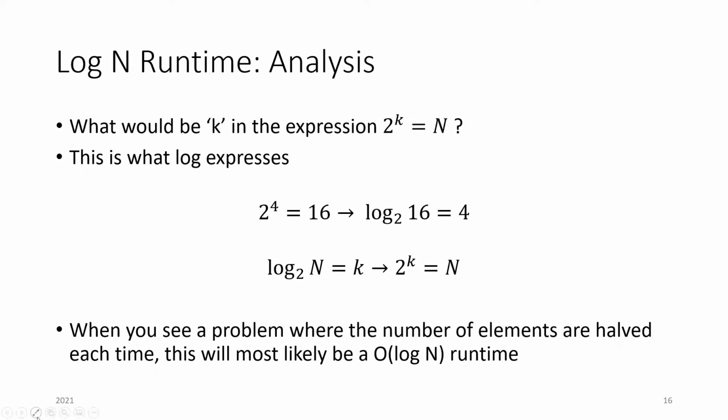I'm just going to write this on the slide for you. So if the number of elements is doubled, there's a chance that it's going to be O of 2 to the power n for your runtime instead.